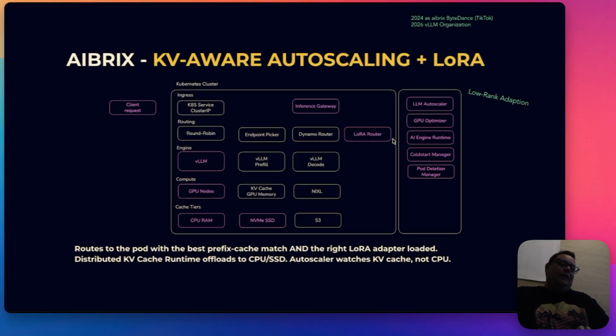And here's again this LoRA router, right? And this means low rank adaptation. So technically, Stefan showed a bit, you have weights, right? And you can update the weights on the fly in models for fine tuning. So let's say multiple organizations want to get the same model from you on your cluster, right?